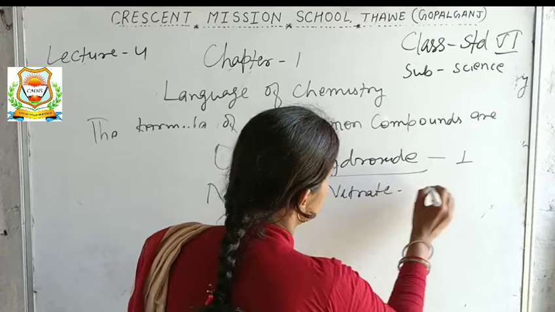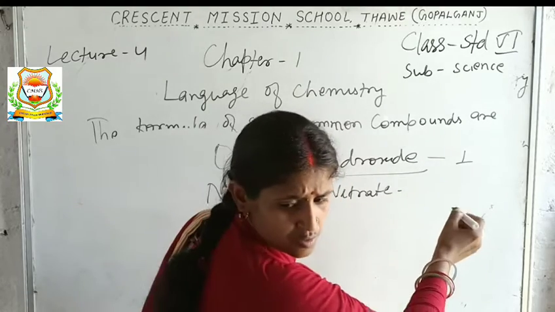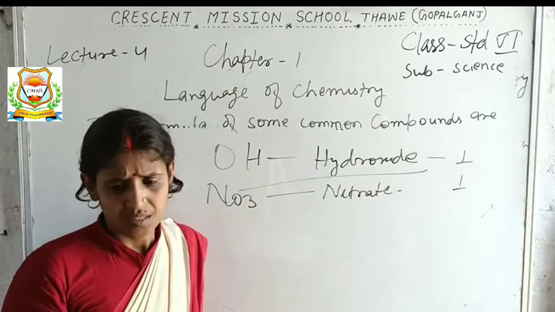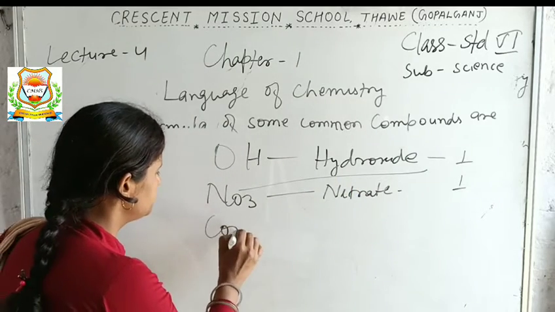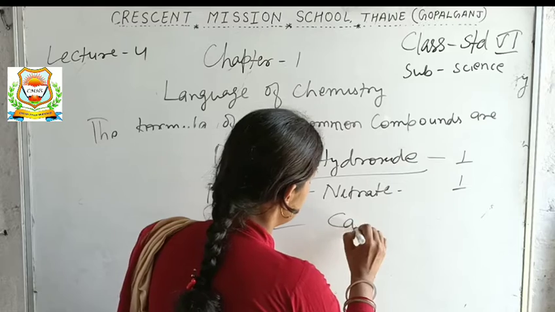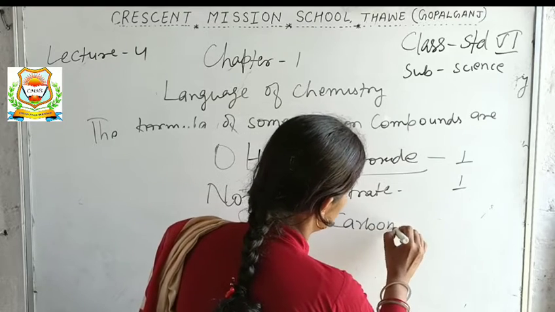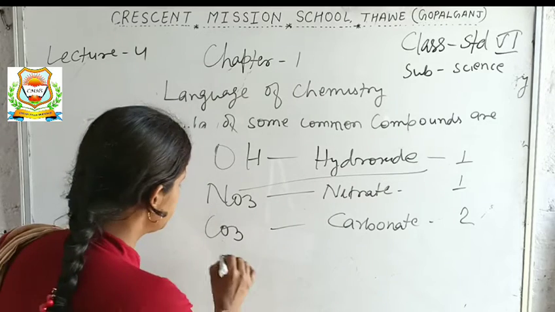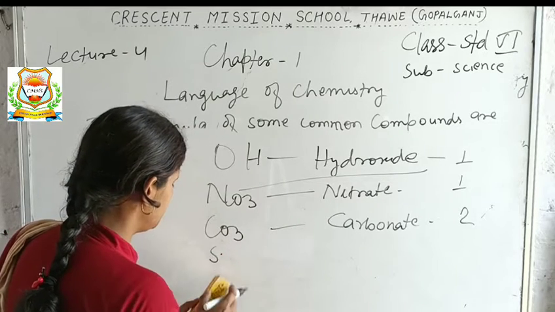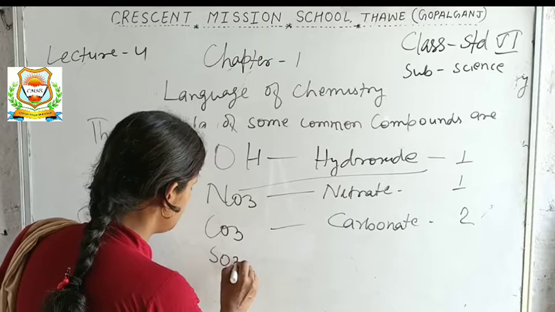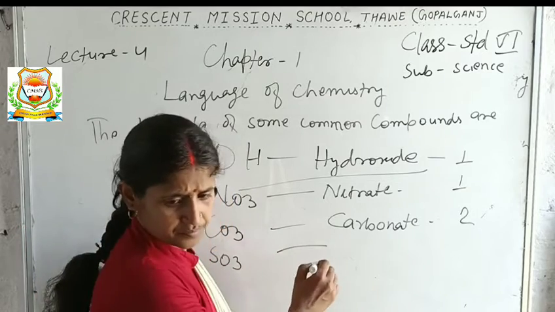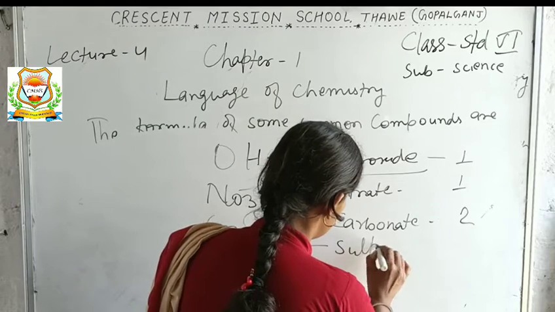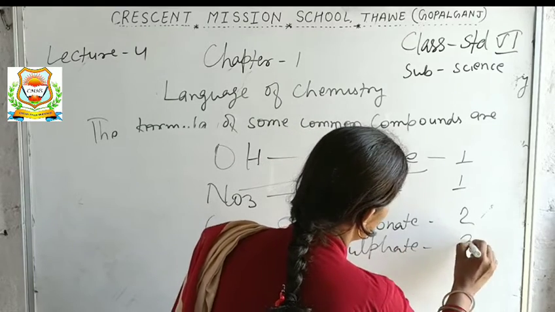Its valency is also 1. CO3, carbonate. Its valency is 2. And sulfate, SO4. Its valency is also 2.